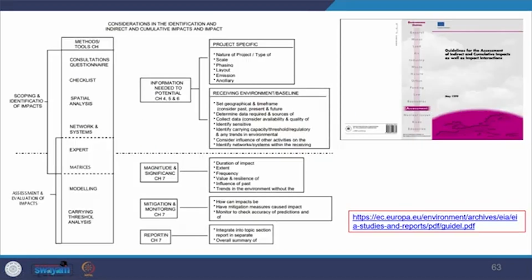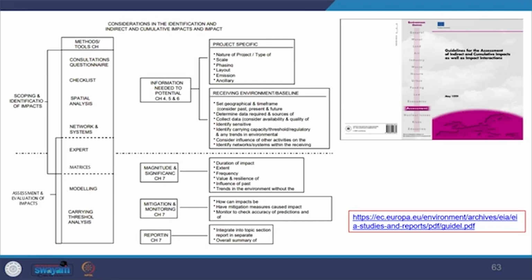Here I have taken from the guidelines for the assessment of indirect and cumulative impact from the European Commission guideline, which I just showed you. So you can see here how the overall framework is. You have seen that majorly the first stage is scoping and identification of impact, and then you do the assessment and evaluation of impacts.